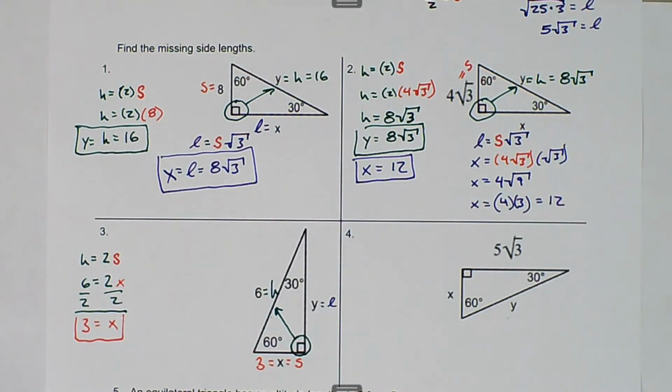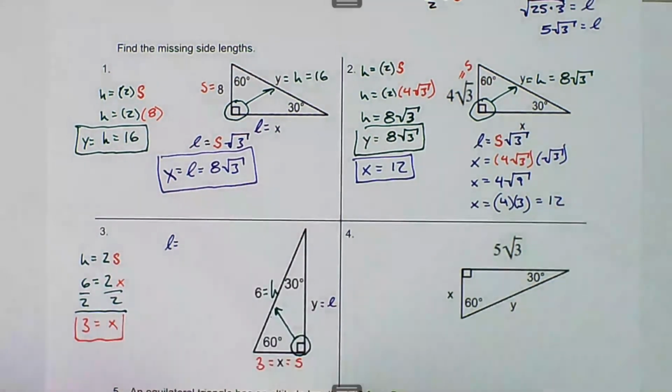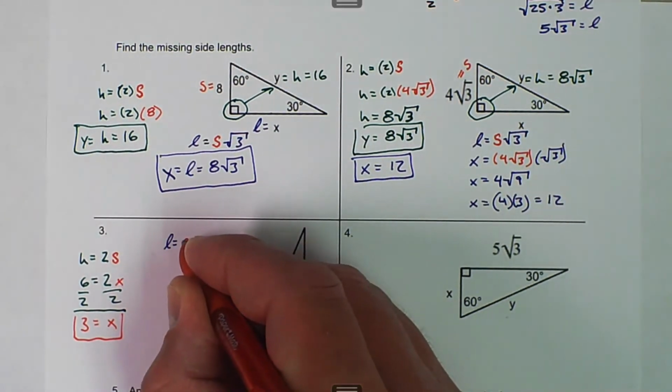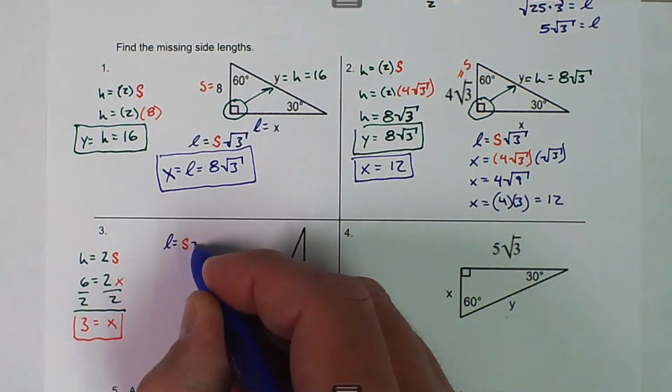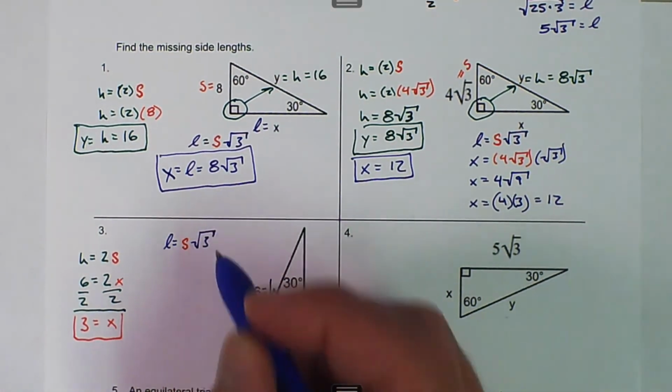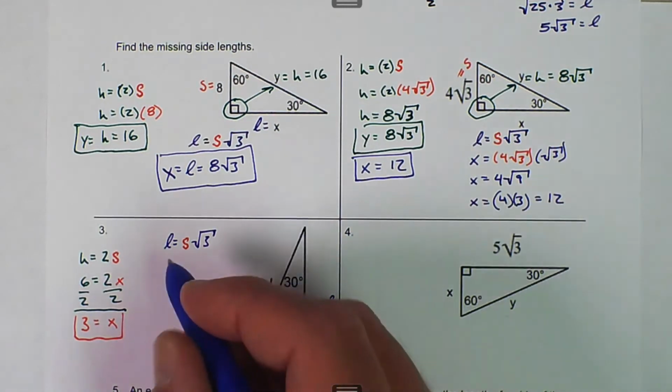Next, we want to find the long side. So we have the long side is equal to s times the square root of 3. So we can just substitute in side, which we just calculated. And also L is going to be our y value.